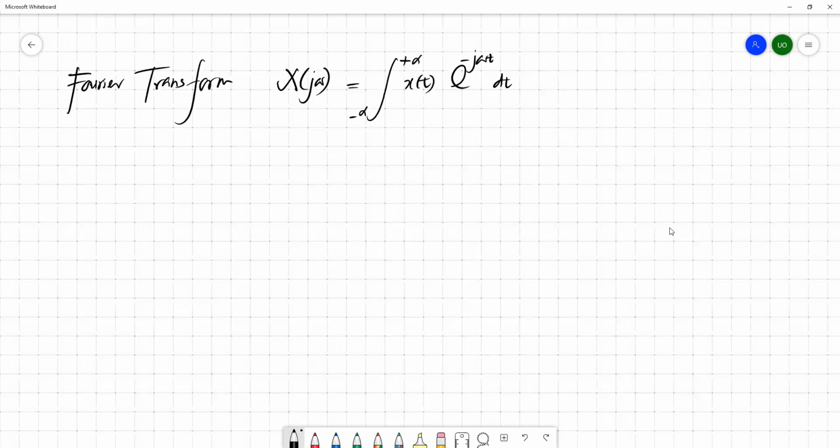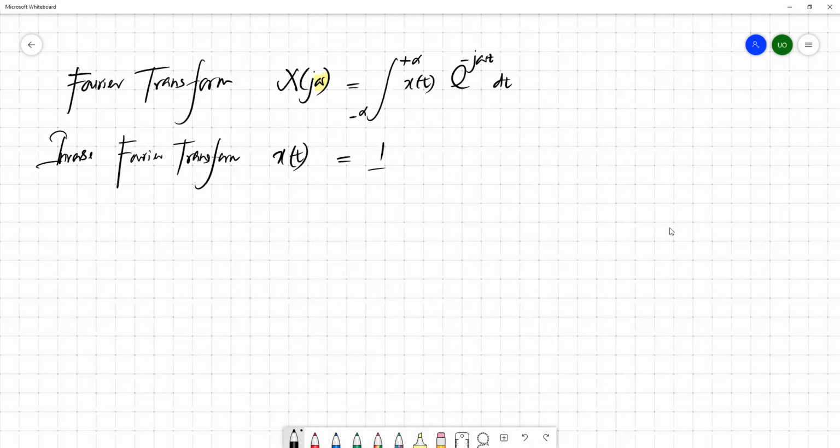Similarly, you can obtain the inverse Fourier transform as well. So the inverse Fourier transform means this expression is the inverse. The Fourier transform is basically in omega, and the inverse Fourier transform is actually x(t).